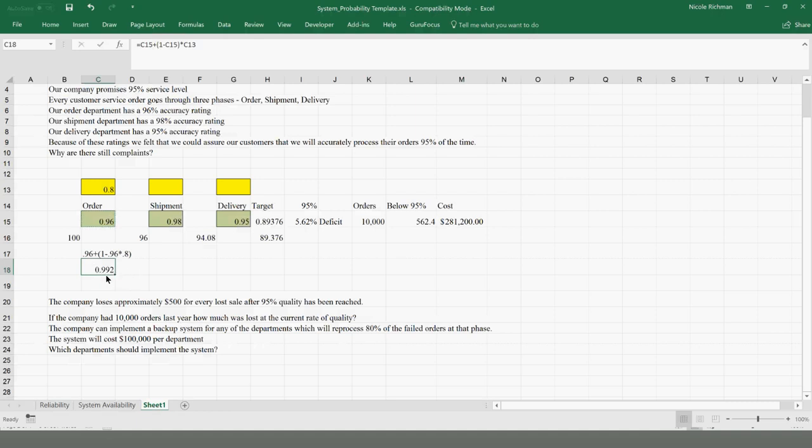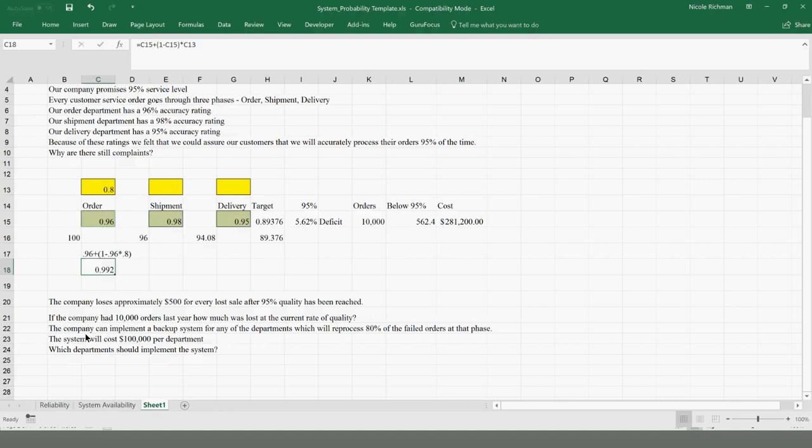Now we're achieving a 99% quality level in the ordering section simply by adding in another 80% as a backup for that 4% that doesn't pass the ordering phase.